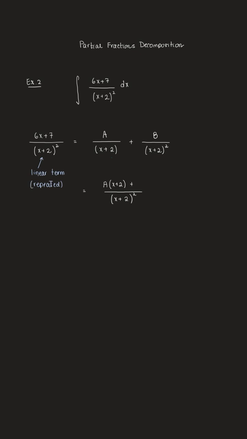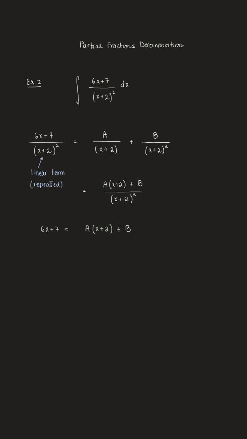And the second one, since it's already over (x + 2) squared, we don't need to multiply B by anything. Now the fractions on both sides have exactly the same denominator, which means that their numerators have to be equal. So 6x + 7 must be equal to A times (x + 2) plus B.